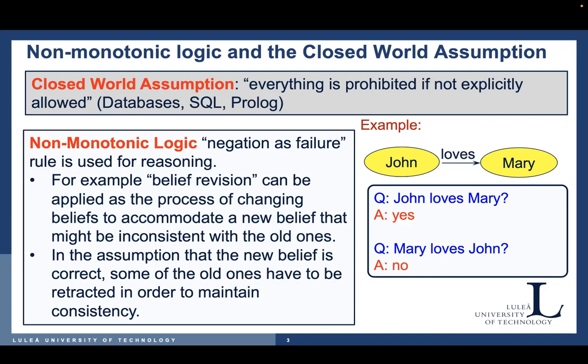And as you have read in the suggested chapters, in this case, you need to revise your knowledge base. So you need to revise your beliefs. So do belief revision.